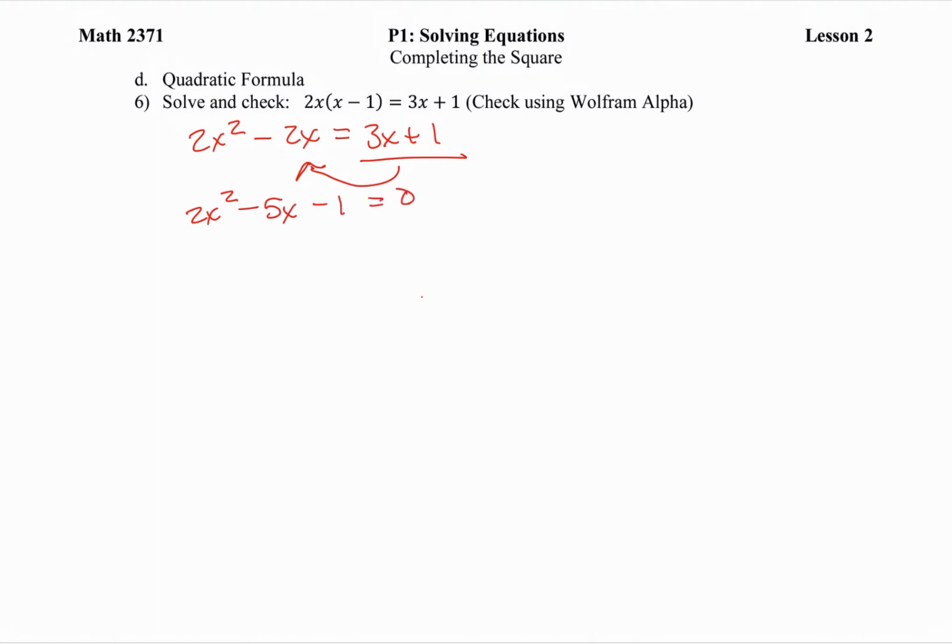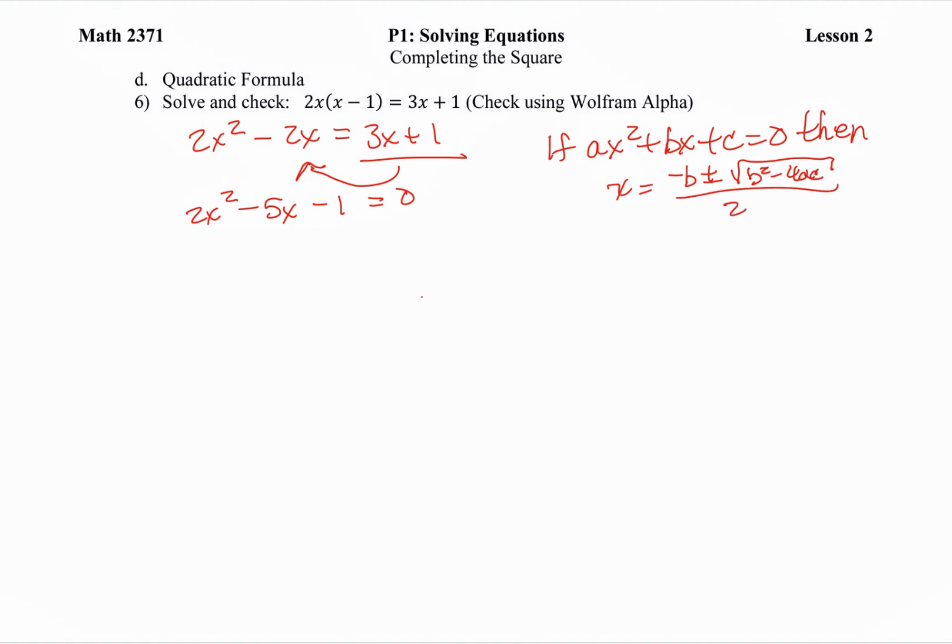So the quadratic formula states, in words, if I have ax squared plus bx plus c equals 0, then I know x equals negative b plus or minus the square root of b squared minus 4ac all over 2a.